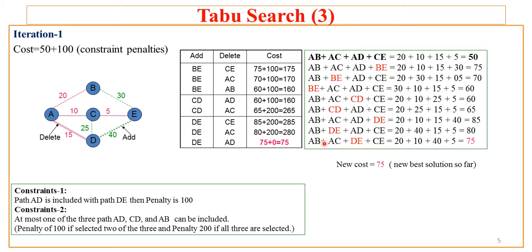But do remember, if we consider this new path AB plus AC plus DE plus CE, none of these two constraints are applicable on this new path and the solution is 75. So the original solution was 50 plus 100, that is 150, and the new best solution we got is 75. So for next iteration this path will be chosen and some other possibilities will be tried. We'll see in the next slide.